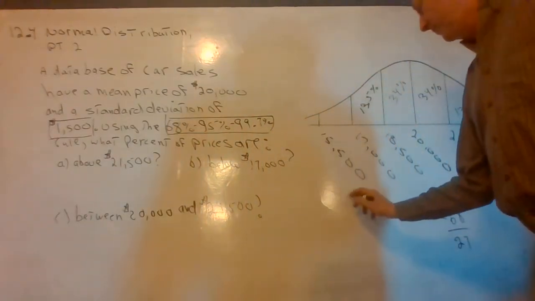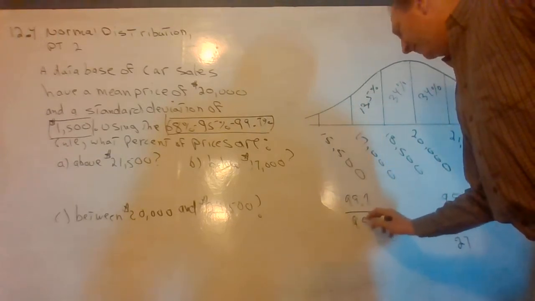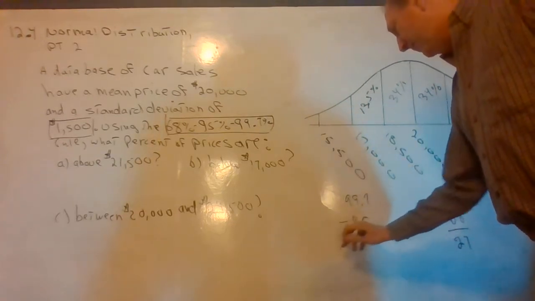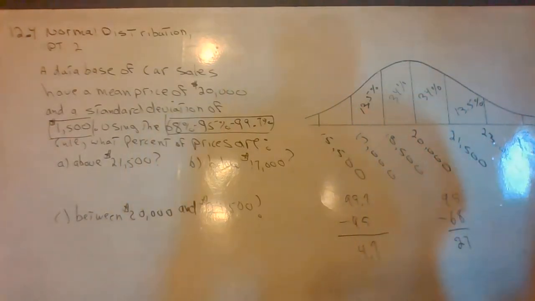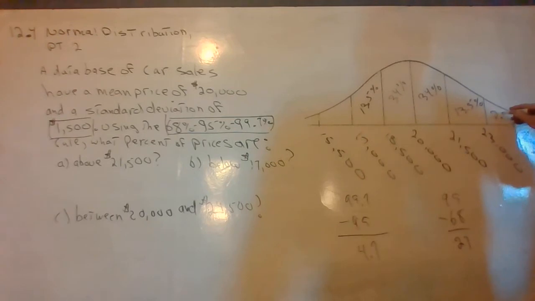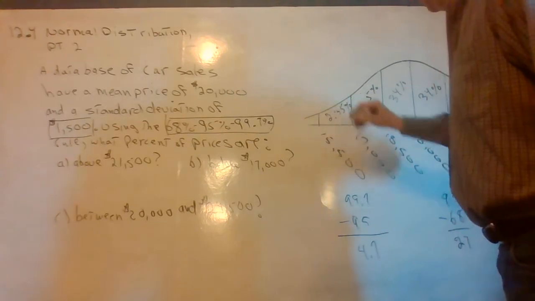Well, you can do 99.7 minus 95. Sorry about that, that's a minus. And we get 4.7. Divide by 2, you get 2.35%. 2.35%.